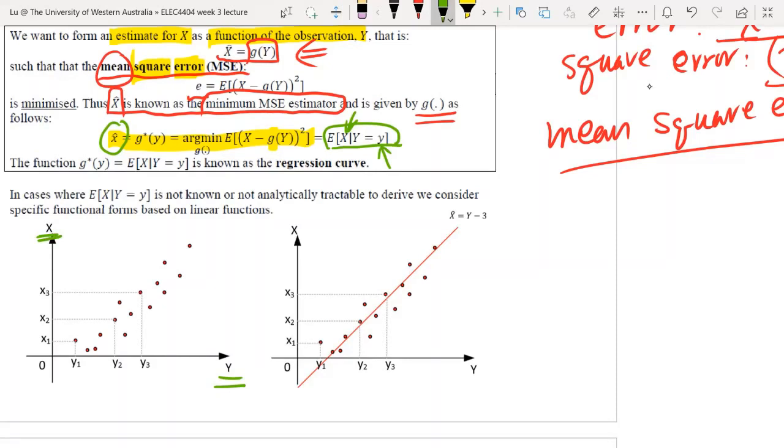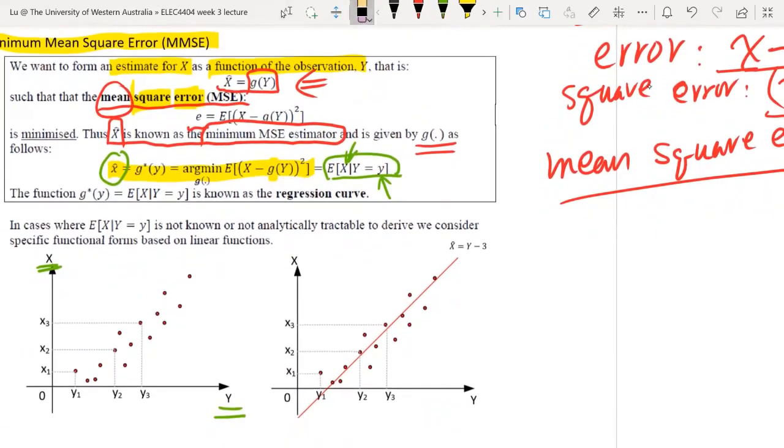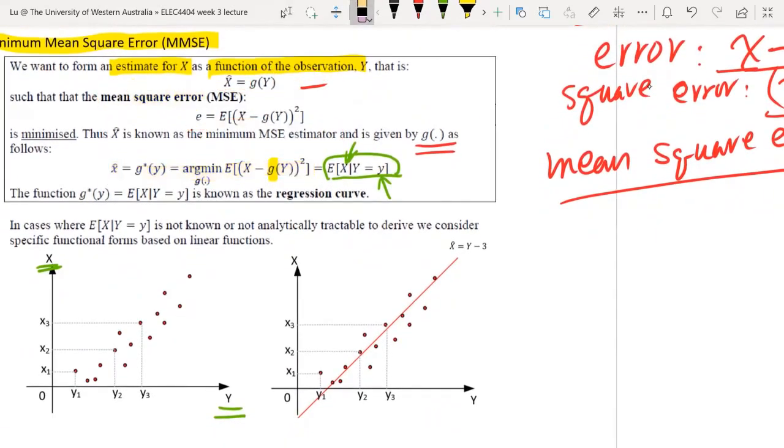And now what we are going to do is the estimation. But we don't want to use the MAP or the ML anymore. So based on the introduction of this slide, we are going to construct a function. This function is x hat equal to g(y).